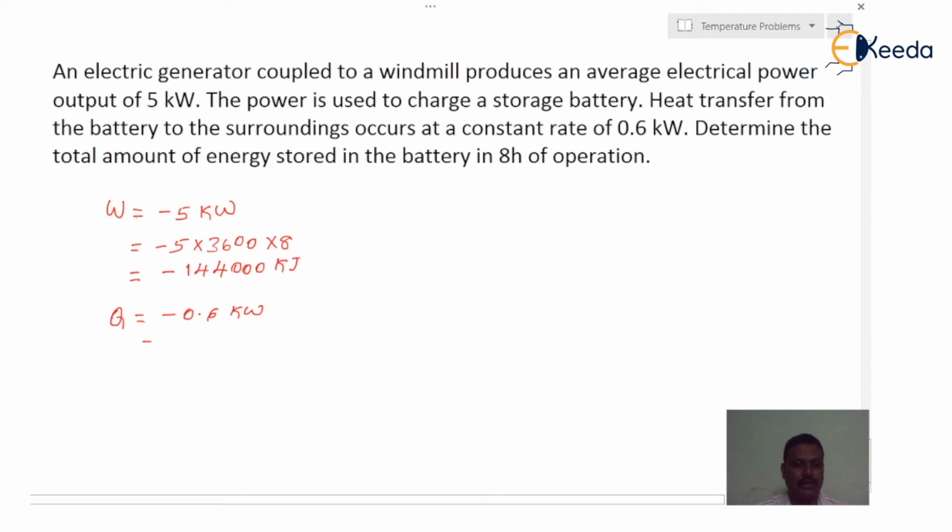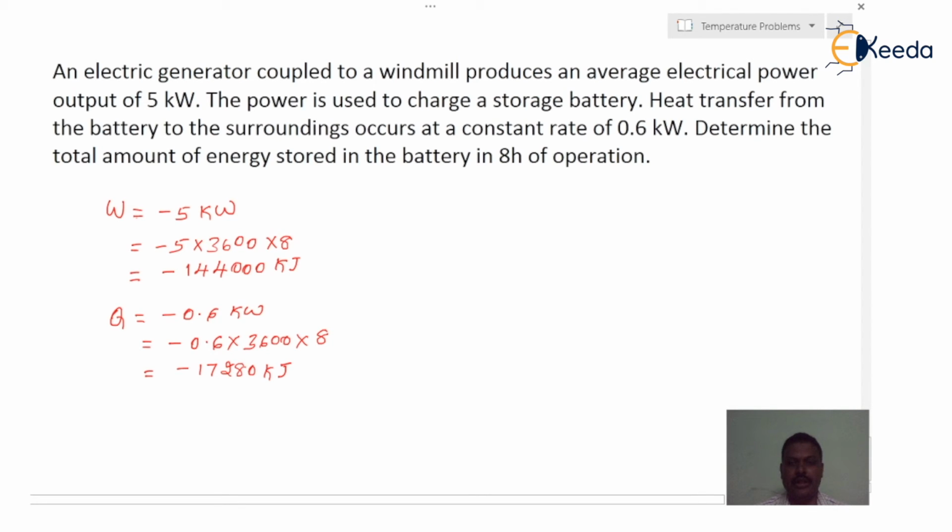To convert this to the amount of heat rejected in 8 hours, it is minus 0.6 into 3600 for one hour, and there are 8 hours of operation. So a total of 17,280 kilojoules of heat is rejected to the surroundings.